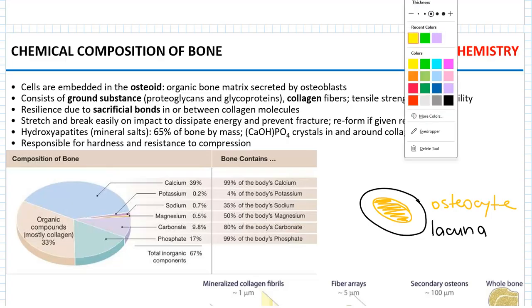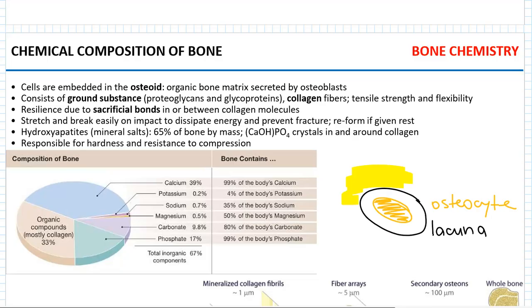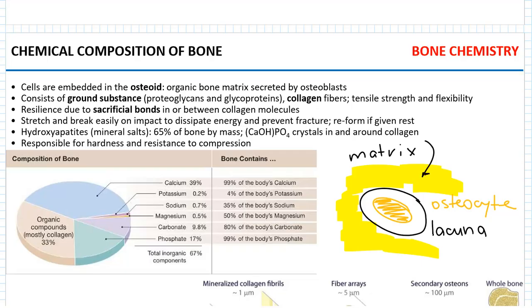And the area that surrounds that lacuna is called the matrix of the bone. The matrix consists of carbohydrates, proteoglycans, glycoproteins, and collagen fibers. In fact, collagen is the main protein component of a bone.